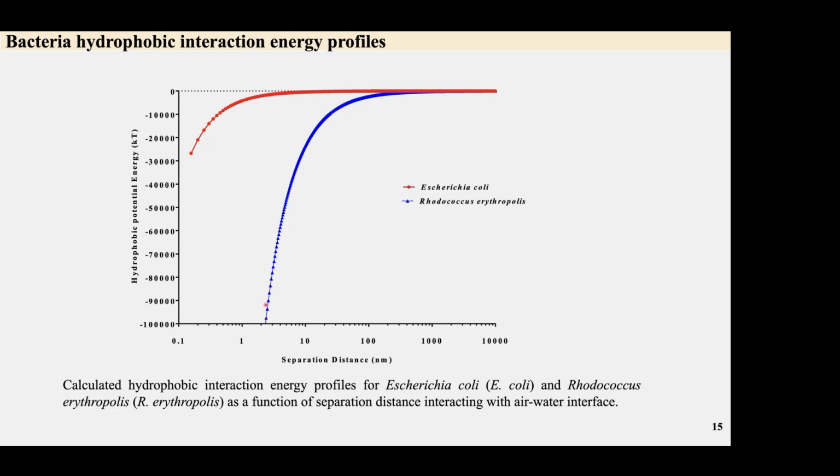We found very negative values of hydrophobic interaction potential for Rhodococcus in comparison to E. coli, for distances less than, say, 2 nanometers, if I am right. This means that very negative values of the interactions show that very likely Rhodococcus can interact with air interfaces much more than E. coli, and E. coli needs to be very close to the interfaces.